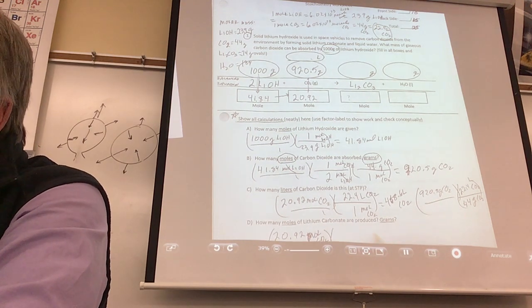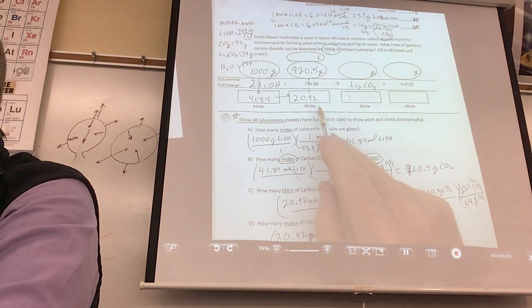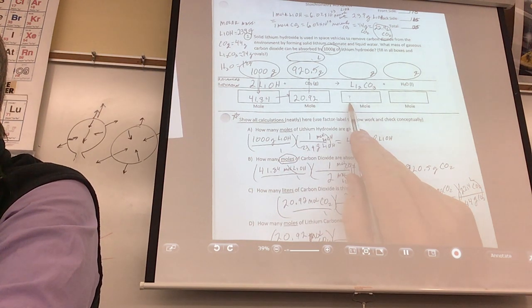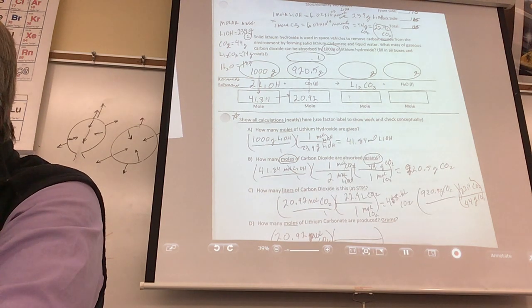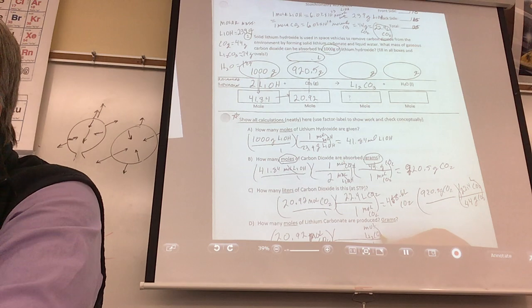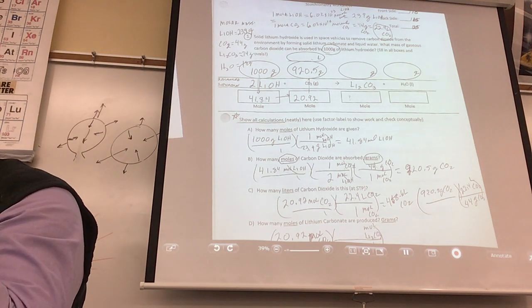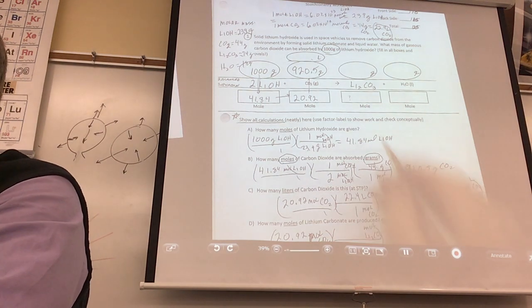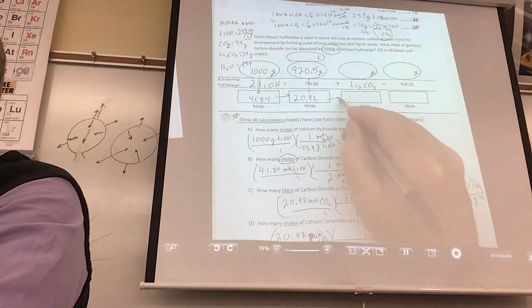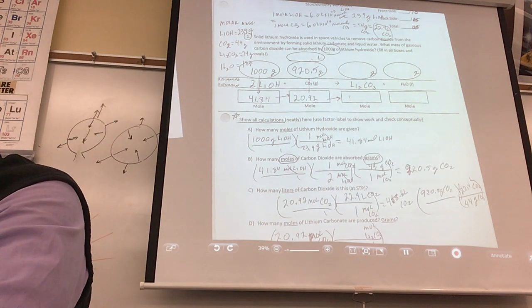All right, Delaney, in words, what are you trying to convert? Moles of CO2 to what? Nice. And that's called lithium carbonate, isn't it? Okay, now, where do you get the numbers when you go sideways in the mole world?